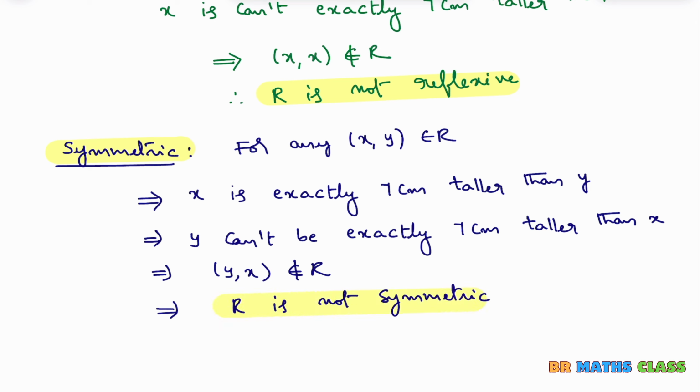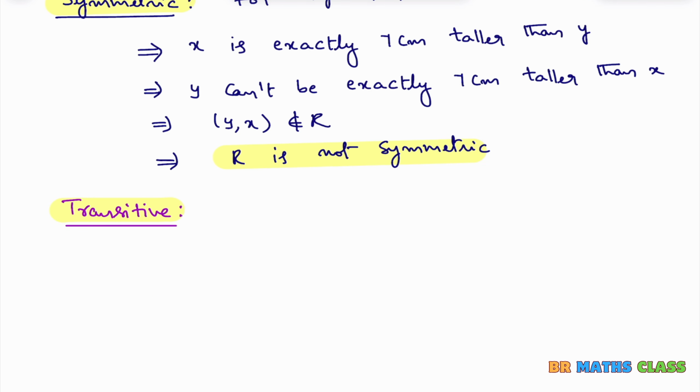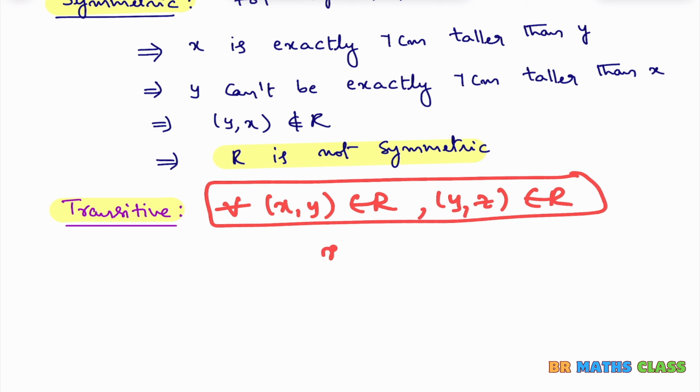Now, we'll check the transitive condition. What is the transitive condition? For any ordered pairs (x, y) belonging to R and (y, z) belonging to R, we look at whether the ordered pair (x, z) is there in the relation or not. If such ordered pairs (x, y), (y, z) exist and (x, z) also belongs to R, then we say the relation is transitive.